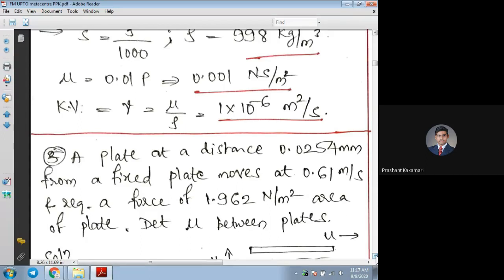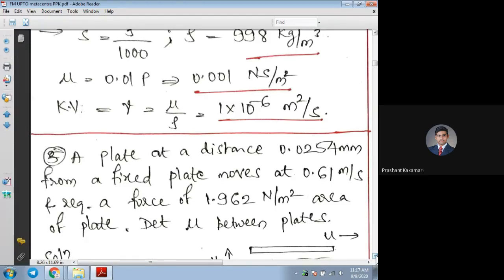So this is nothing but Newton's experiment itself. What they are doing is they have taken two plates. One is a fixed plate at the bottom, and a moving plate at the top, at a distance of 0.0254 mm. The top moving plate moves at a velocity of 0.61 meter per second. To overcome the resistance, or the viscosity of that liquid, we have to apply a force of 1.962 Newton per meter square.